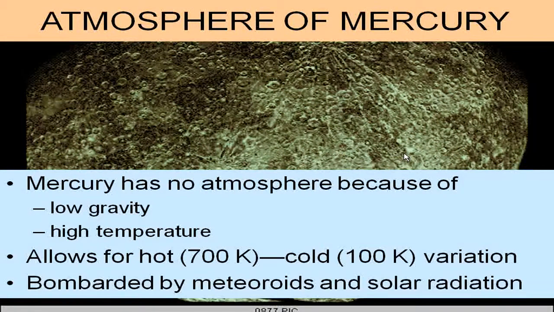And not only that, with no atmosphere to speak of, there's no protection from meteoroids and solar radiation. So there are micrometeoroids constantly bombarding the surface, and solar radiation constantly bombarding the surface. So there's no possibility that life could live there.